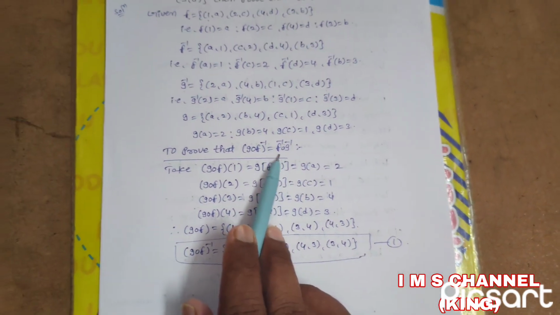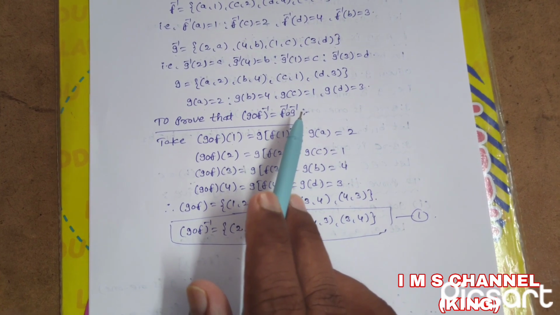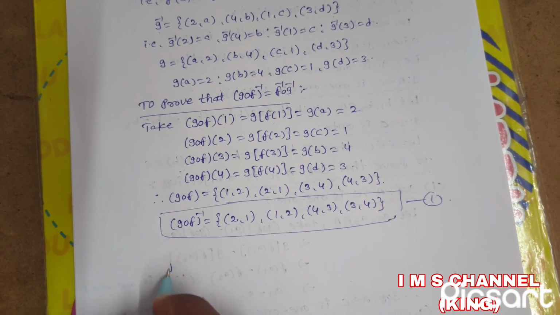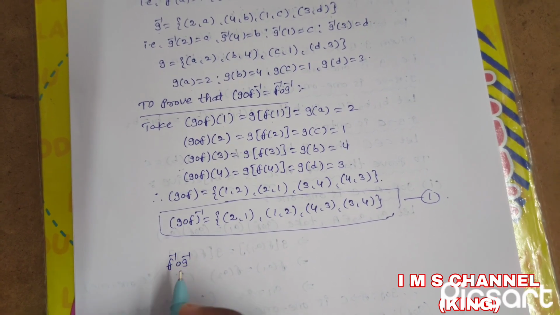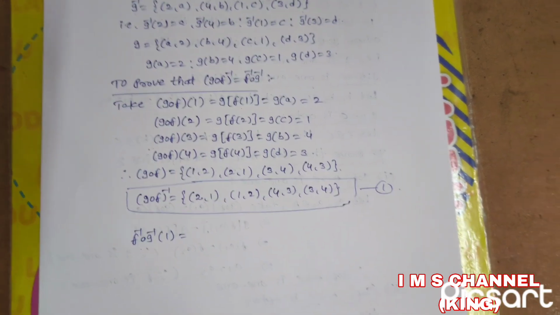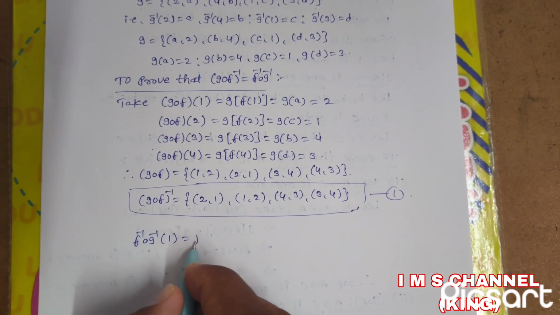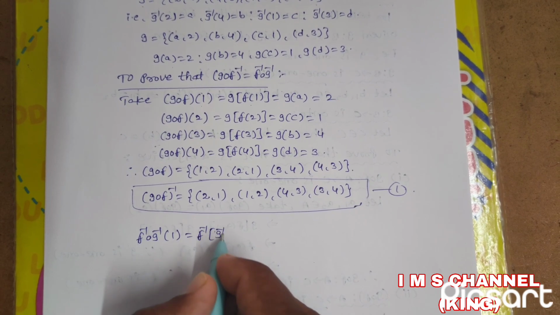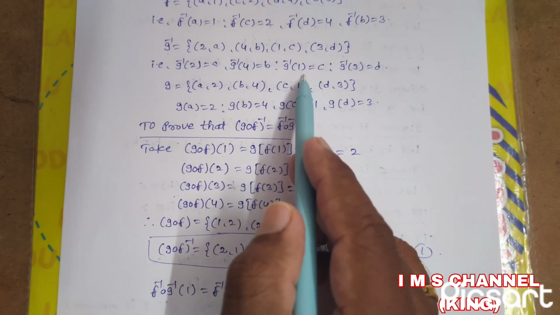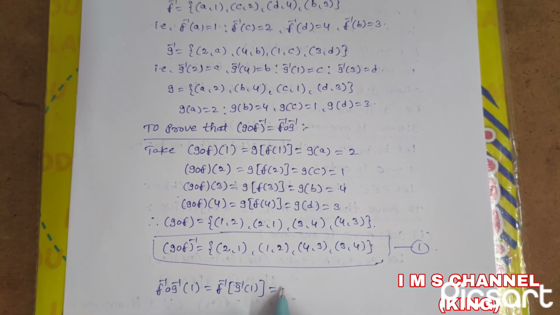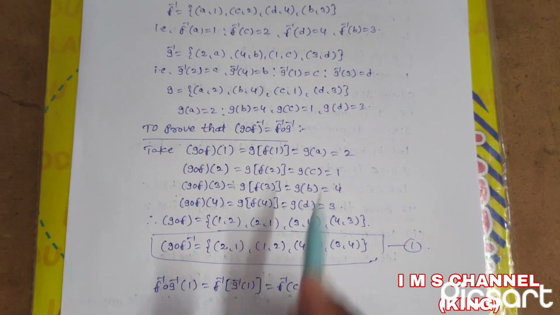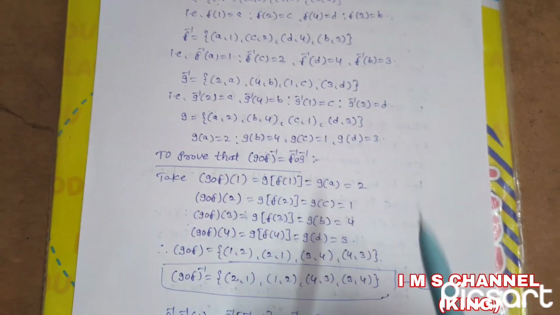Here in the RHS we prove F inverse circle G inverse. So we calculate the values. F inverse circle G inverse of 1 can be written as F inverse of G inverse of 1. Here G inverse of 1 value is C. So F inverse of C is equal to what? 2.